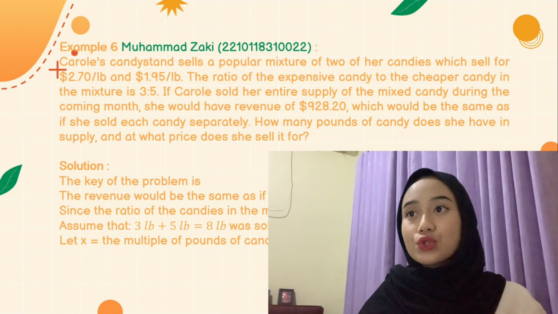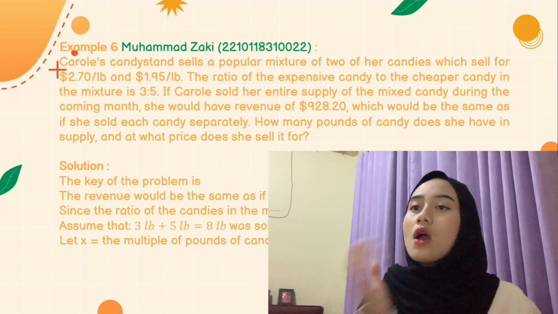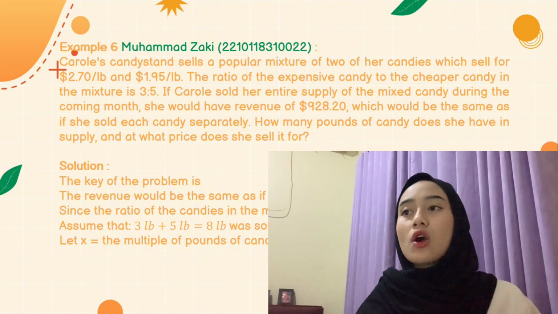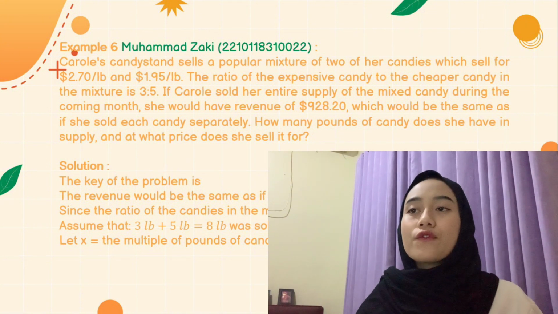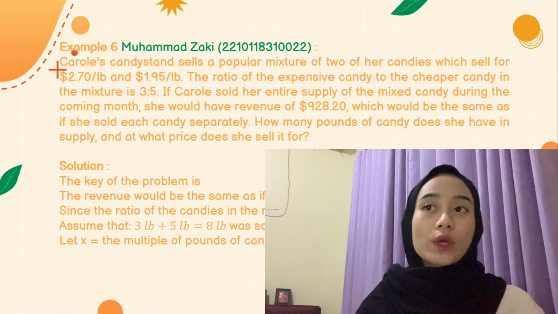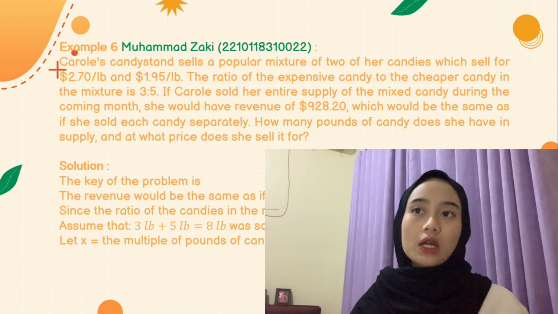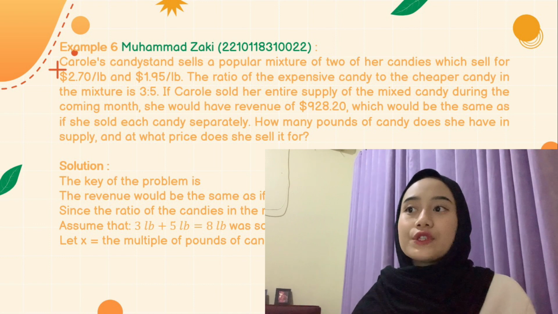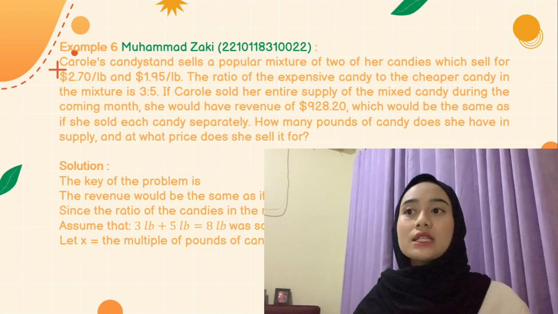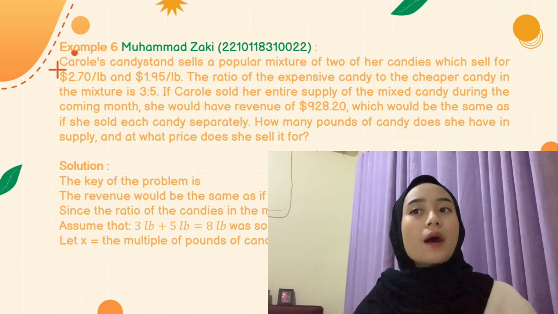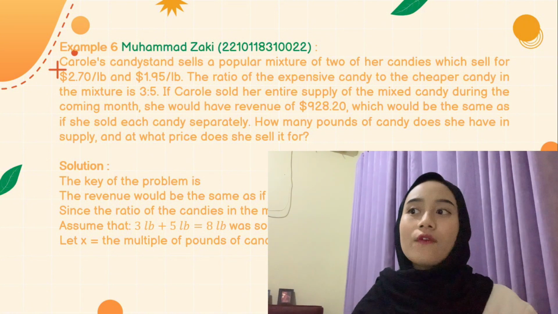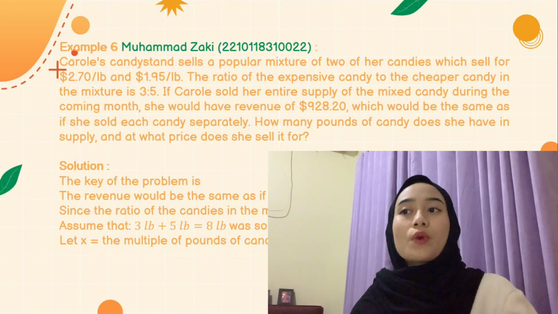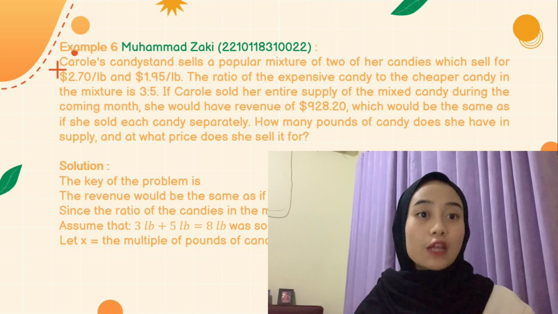If Carol sold her entire supply of the mixed candy during the coming month, she would have revenue of $928.20, which will be the same as if she sold each candy separately. How many pounds of candy does she have in supply, and at what price does she sell it?